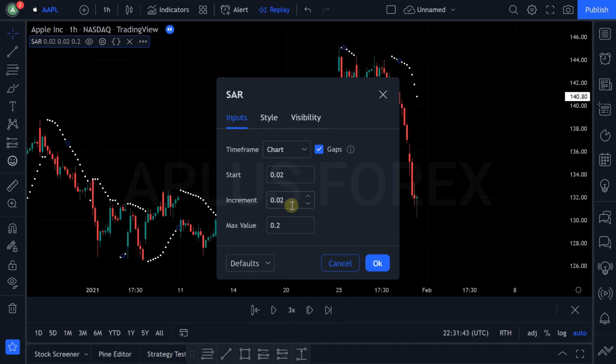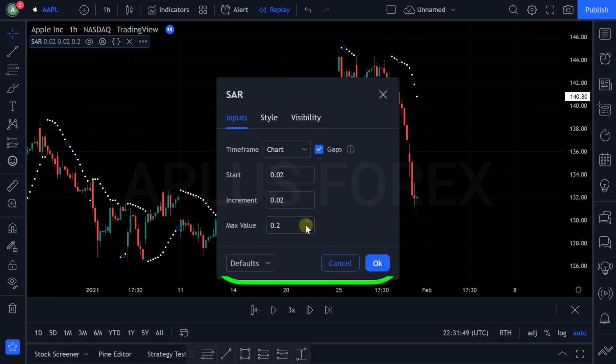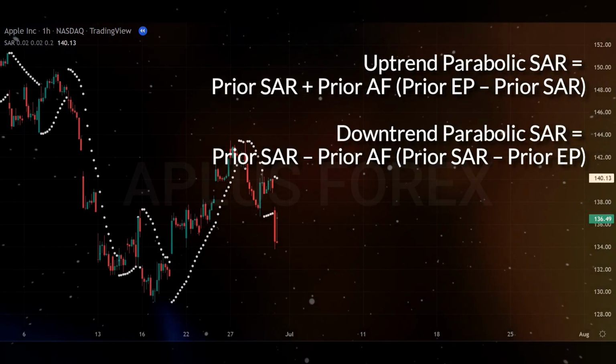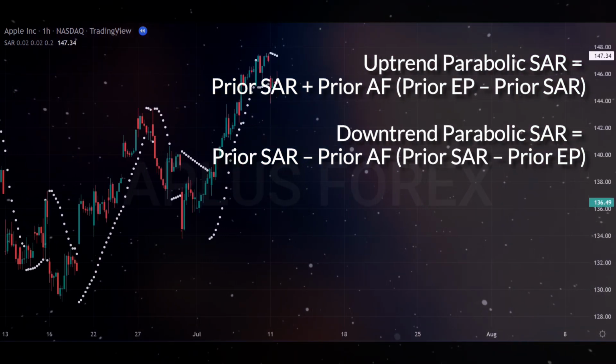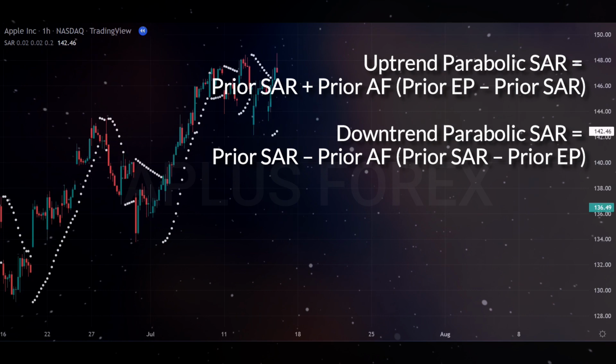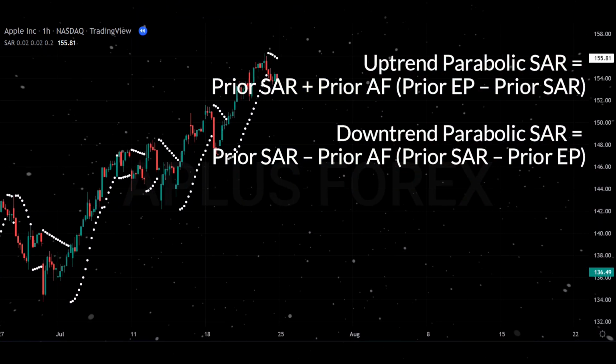AF is the acceleration factor, which is initially set to a default value of 0.02, as we have seen earlier from the indicator settings. Results obtained from the calculation create a dot that is plotted against the security price action, either below or above it. The dots help to determine the current direction of the price.